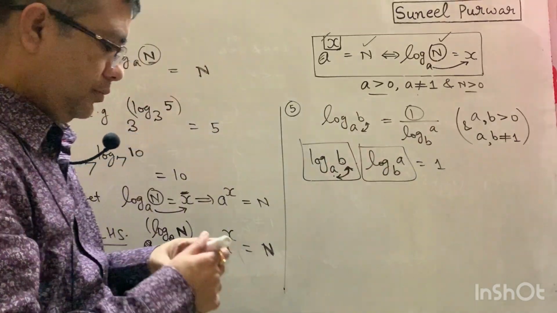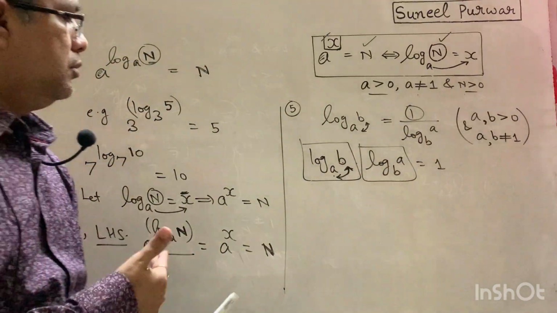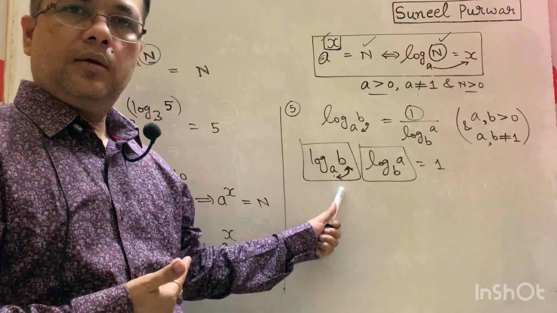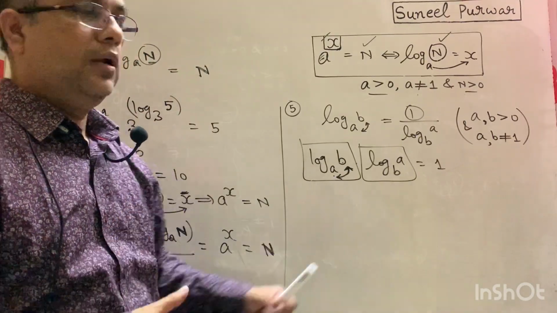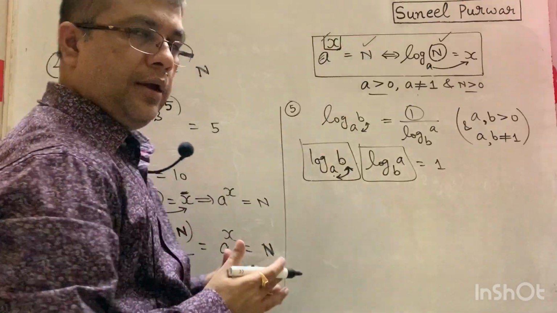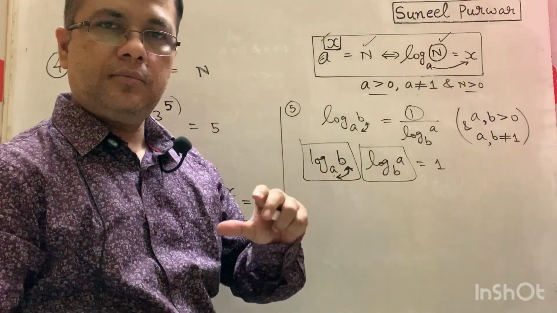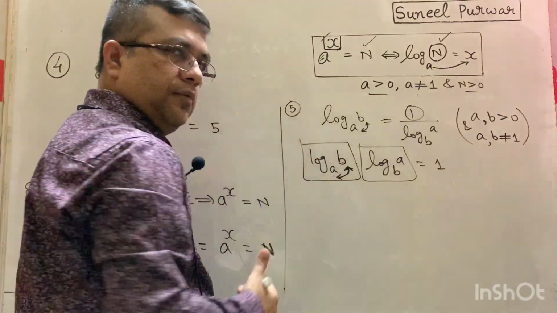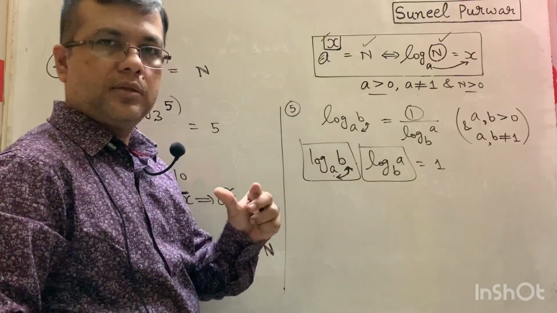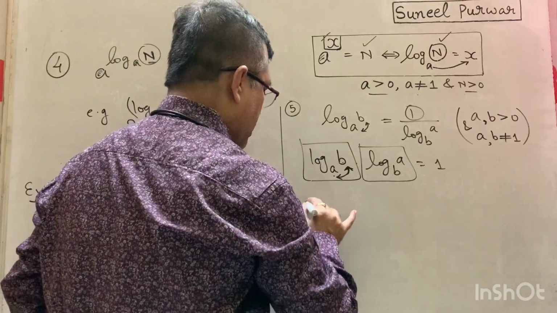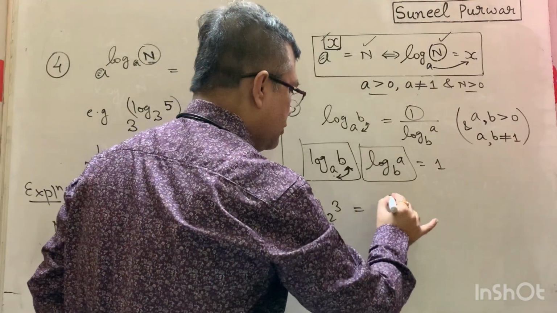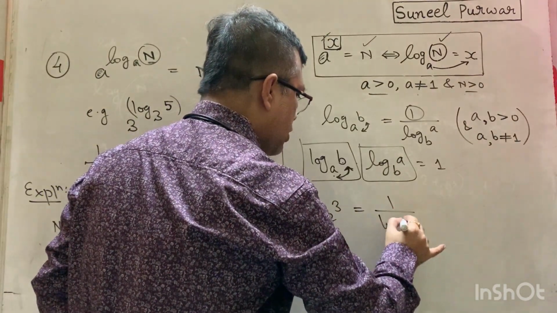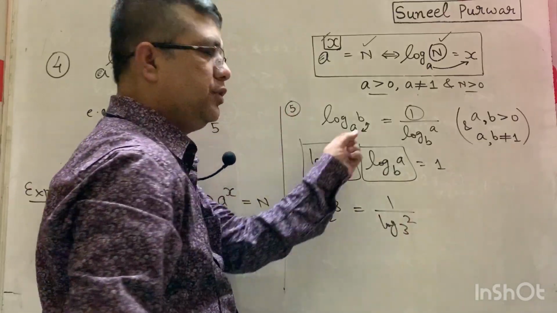See how this property is true. But before I tell you the explanation, grasp it with the help of numbers. Some examples: log of 3 base 2 is equal to, what will you say, 1 upon log of 2 base 3, using this property.